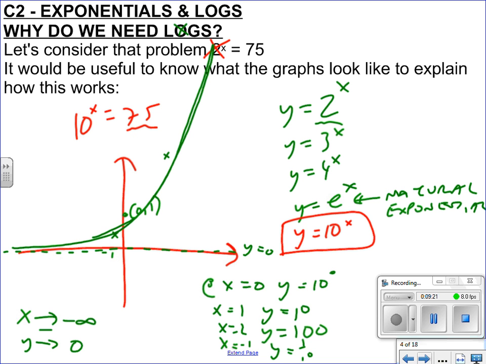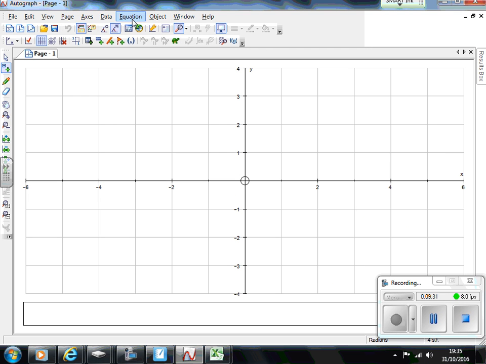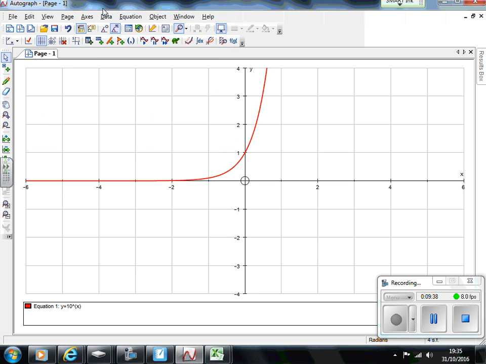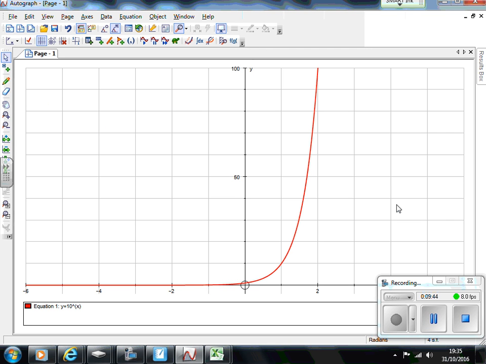But we want to know when this thing is 75. So if I put this in Autograph for now, the equation y equals 10 to the power of x looks like that. If we make our axis go up to 100, here's our graph. You can see the asymptote is in place at y equals 0.